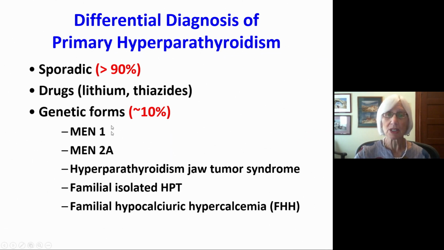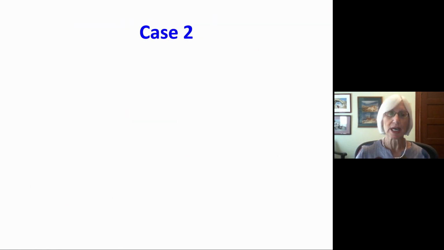Most important not to miss are MEN1 patients. These often present young with kidney stones, primary hyperpara, and are at risk for pituitary and pancreatic lesions and other diseases. MEN2A and these others are more rare, but always think about these in a younger person or someone who presents with atypical primary hyperpara, more than one nodule, recurrent hyperpara, etc.